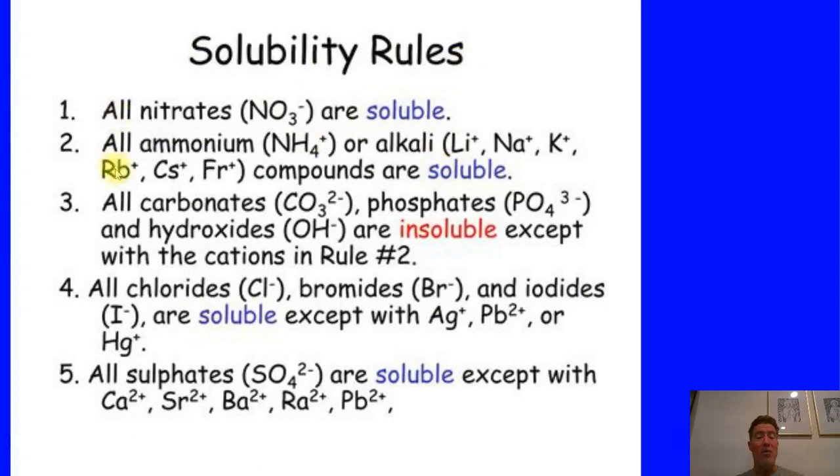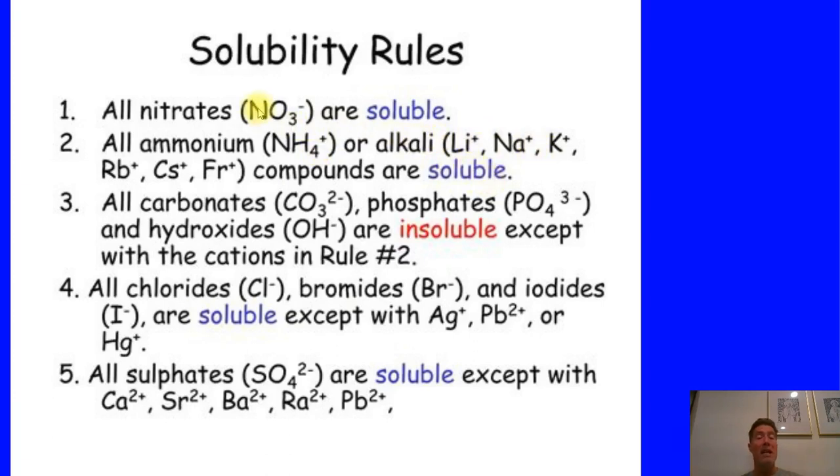And here are 5 rules, and these are all worth knowing, but I'll break it down more simply. Let me go through them quickly. All nitrates are soluble. So all nitrates are soluble all the time. All ammonium, that's this polyatomic ion, or group 1 metal compounds, called the alkali compounds, are all soluble.